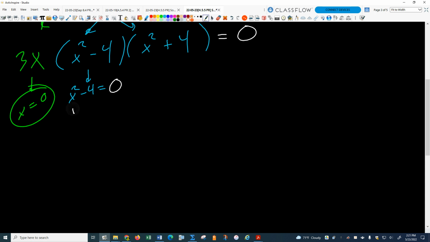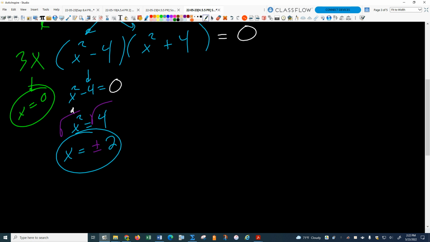Two steps to isolate the x, I just add 4 and square root. Everybody agree? So we end up with x squared equals 4, so x equals what then? Plus or minus 2 when I square root both sides. And I get the plus or minus because I'm square rooting both sides, right? So I've got to include that plus or minus.